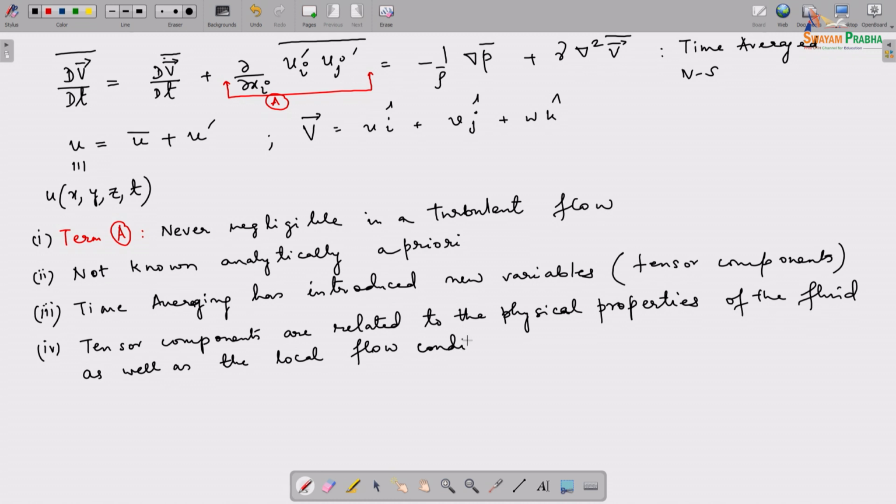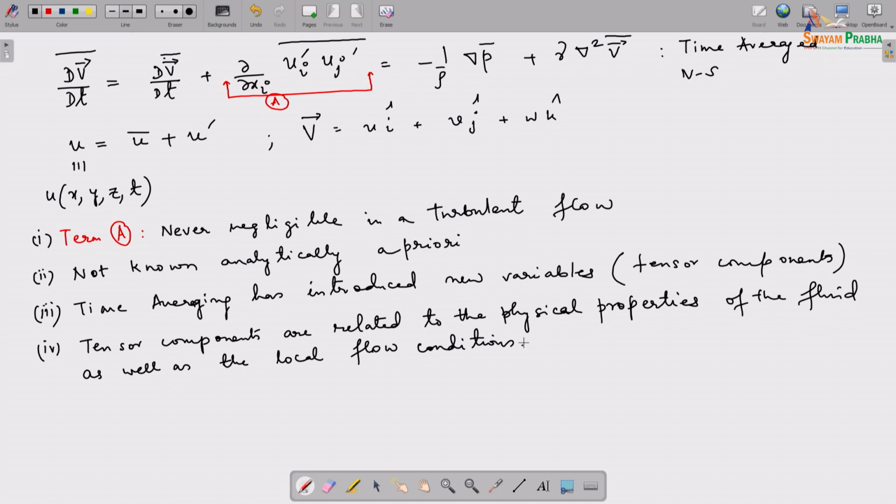So it's important to note that the product of components of the fluctuating velocities is due to the nonlinearity of the convective term. So essentially we are talking about local flow conditions.